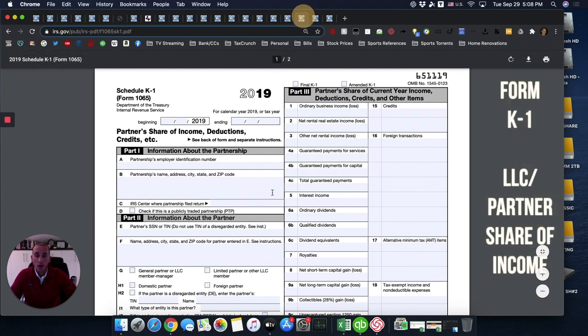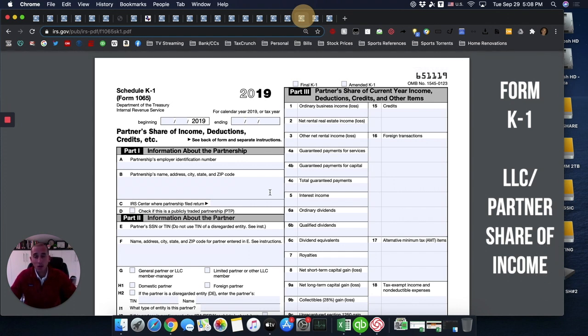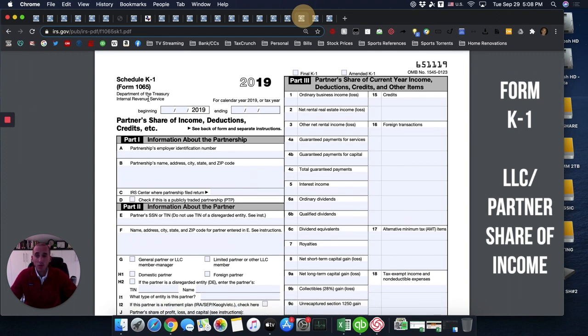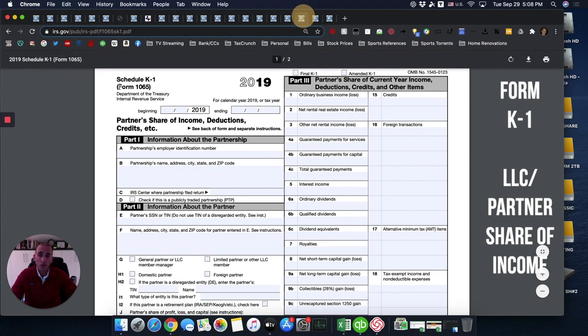If you are an investor or a partner in a partnership, LLC, or S corporation, you're going to receive a K-1 each year. And they are both the same form. They do come out a little different. If you are a member of an LLC or a partnership, it's going to say Form 1065.